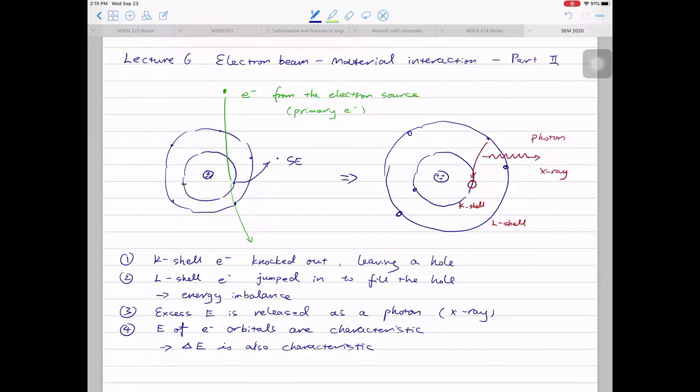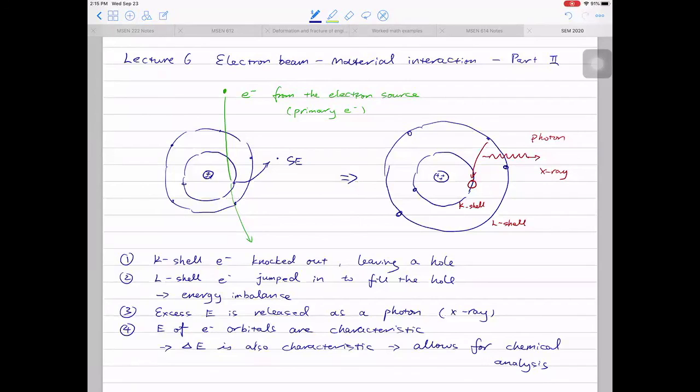From this, we can do chemical analysis. That's how we can tell this is aluminum, this is magnesium, this is iron. Does this make sense? Any questions?